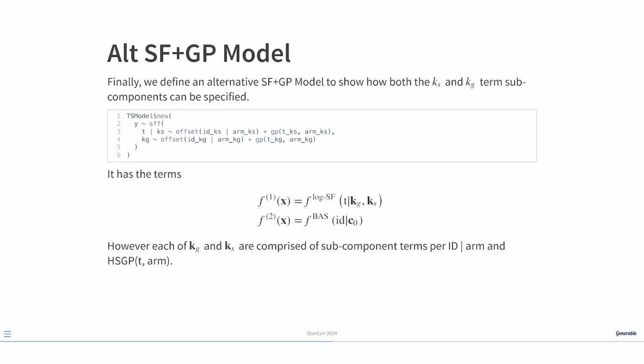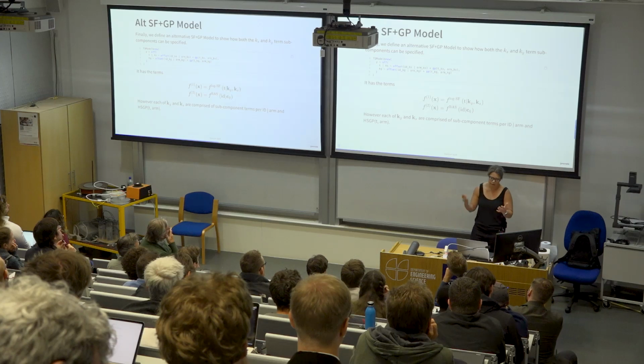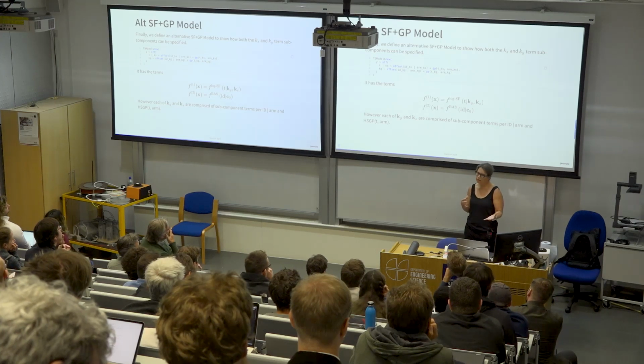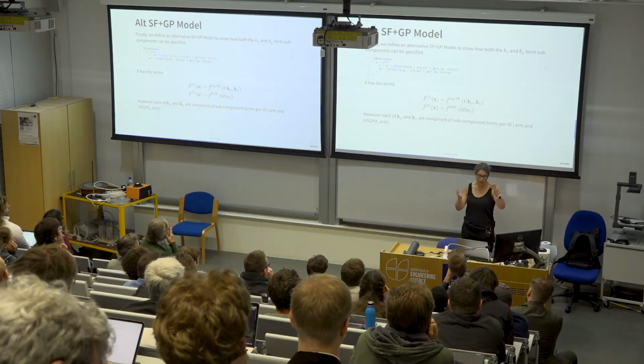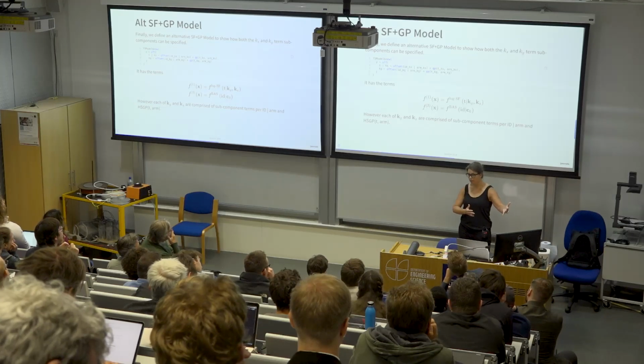And then the final model is another way that the package supports specifying the model, where instead of putting the GP after the SF, we're going to put it inside of the KS term. So here I'm saying that KS has an offset per ID and per arm, and it also has a GP term over time per arm.